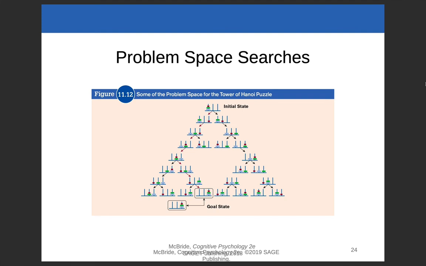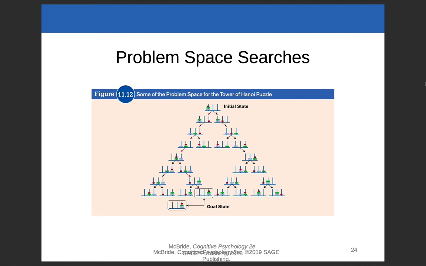Once you do that, this is some of the problem space for the Tower of Hanoi problem. This is going from state to state to state as you move each disk, and each one of these little mini pictures gives you the state at that particular moment until you get down to the bottom, to the two squares that show you the goal state.